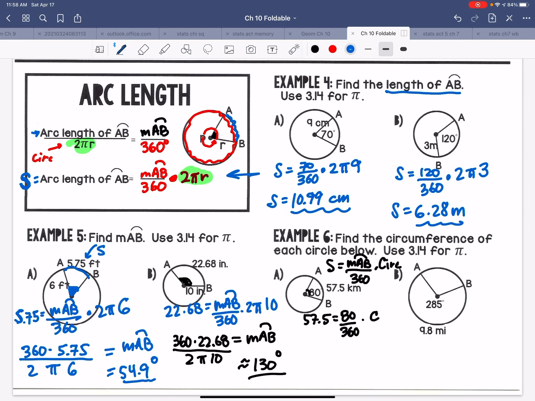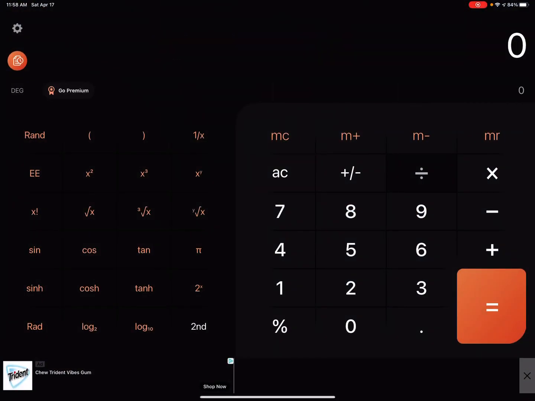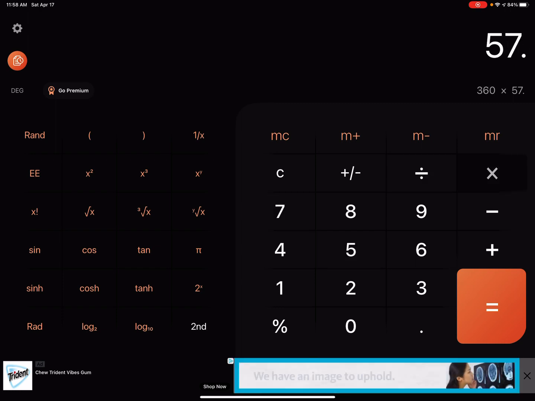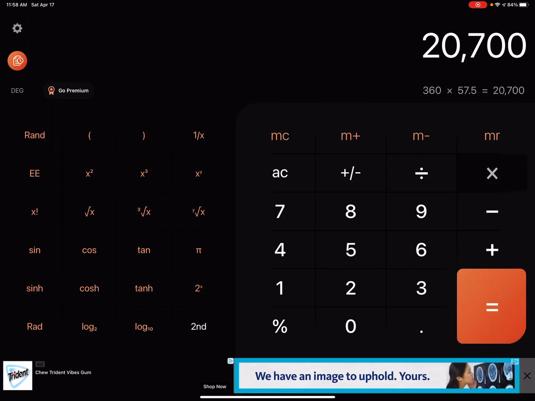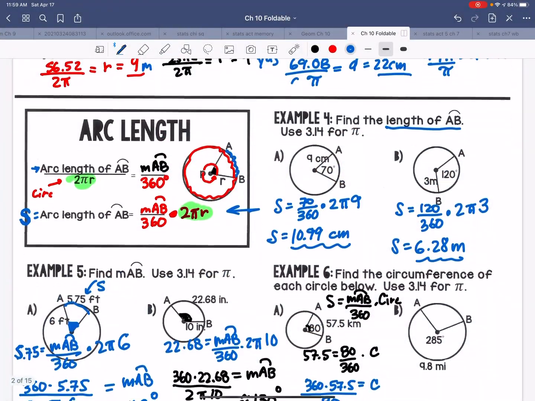So algebraically, if we move the 360 up by the 57.5 and move the 80 down, we'll get our circumference. 360 times 57.5. Divide by 80.